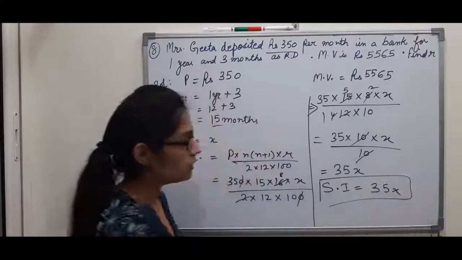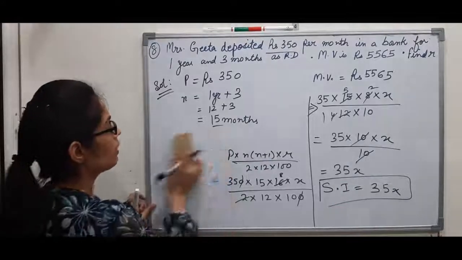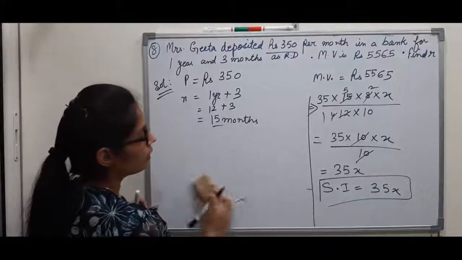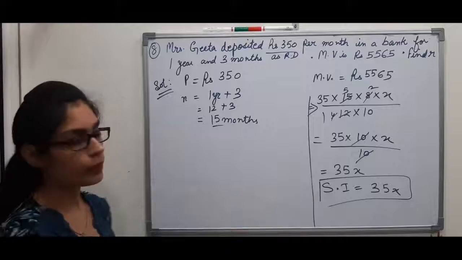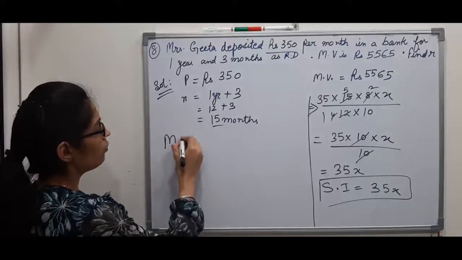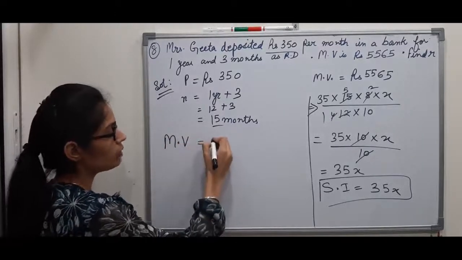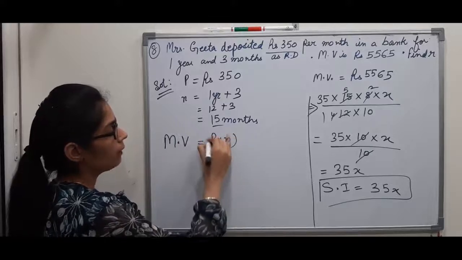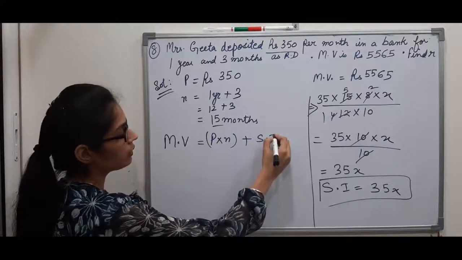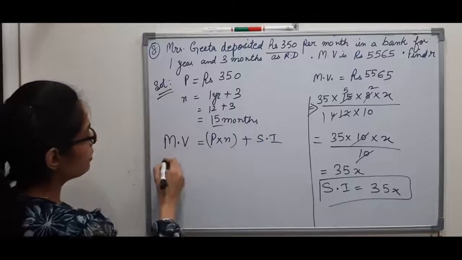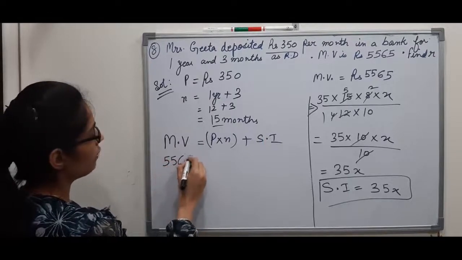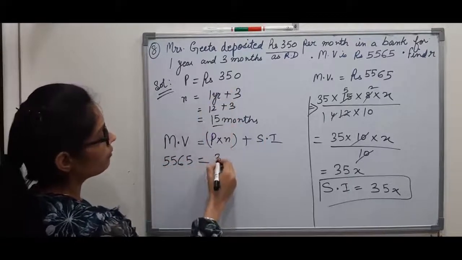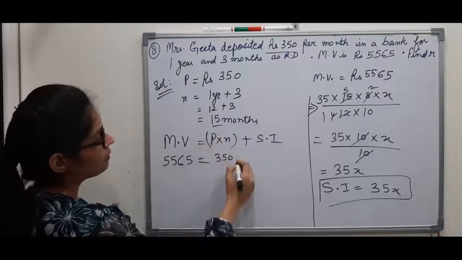Now I will use this value of simple interest in calculating my rate of interest by substituting it in the formula of maturity value, which equals P into n plus simple interest. Maturity value is given as 5565, P is given as 350, n is 15.